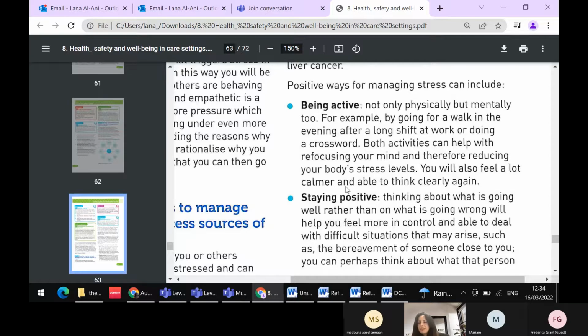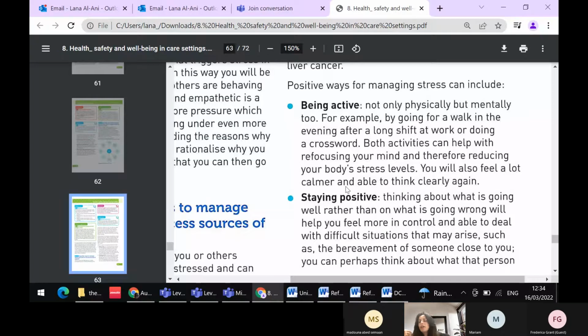Yes, being active means not only physically, but mentally. For example, walking. I do walk a lot, so if you feel stressed, just go for a walk. I do it in the morning because it's better, especially at the weekend. So if you feel there is too much pressure on you, go for a walk.